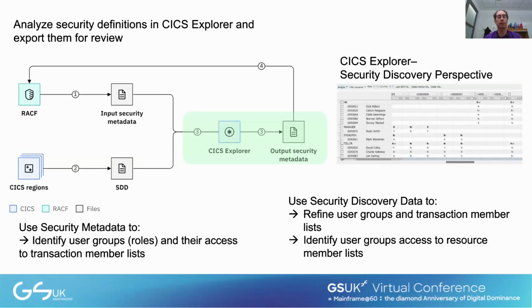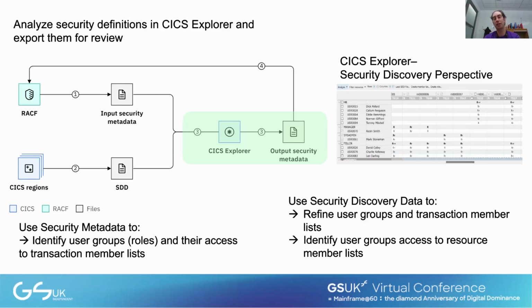So after we've got our security metadata and our runtime data, then what are we doing with those? Well, we're analyzing these definitions in the CICS Explorer. So we import them in our CICS Explorer security discovery perspective. You can see a small screenshot of how that looks on the right-hand side.